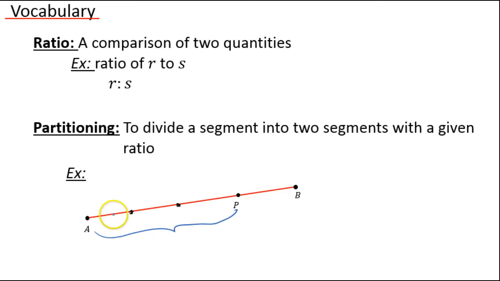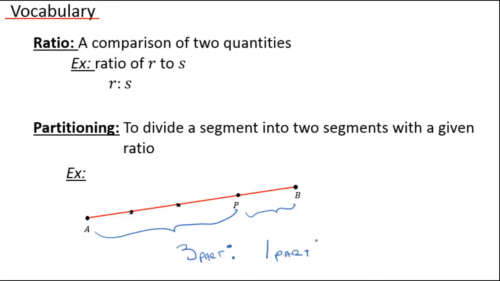If we count, we get 3. And how many equal parts do we have in this segment? We get 1. So my ratio would be 3 parts to 1 part. We would partition the segment with a ratio of 3 to 1.